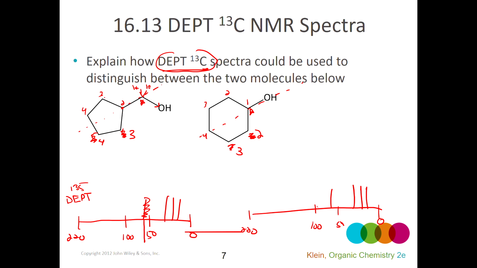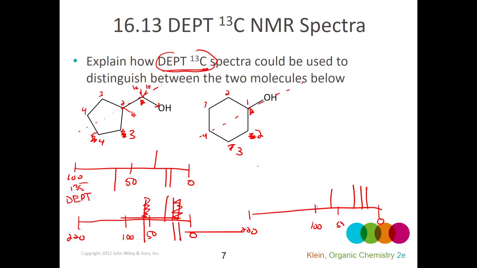The third carbon is a CH2, and so is the fourth. So these two would also be pointing down. So overall, if I just focus in on the area between 0 and 100, since there's no peaks above 100, I would have a signal above 50 that's going down because it's a CH2, a signal between 0 and 50 that's going up, representing this carbon that has one hydrogen, and then carbons 3 and 4 would both be down since they both are CH2s.